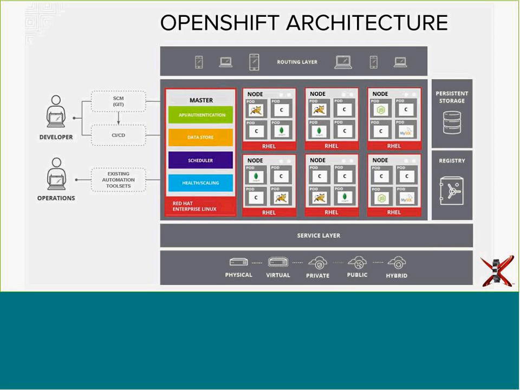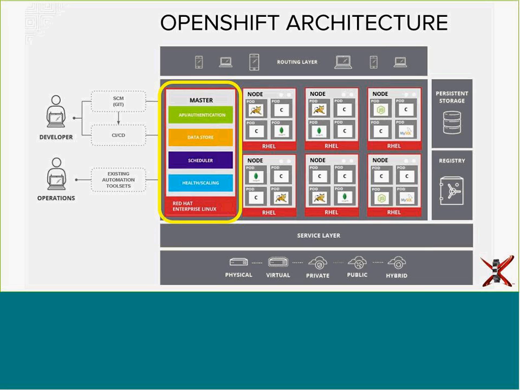We'll quickly step through the OpenShift architecture, and I will try and do this very quickly. We can deploy this OpenShift architecture on a variety of infrastructure, so whether it's bare metal or virtual environments, and in fact it can even be a hybrid of private or public clouds. We have two types of nodes. We've got master nodes and worker nodes.